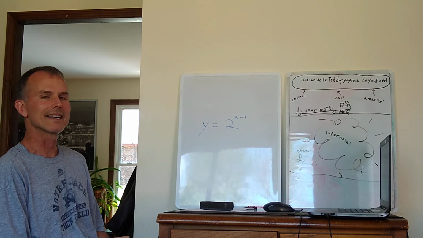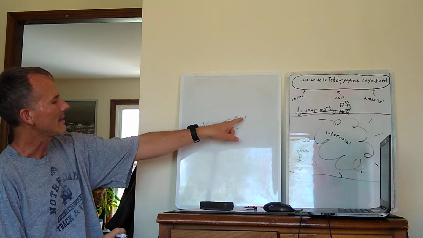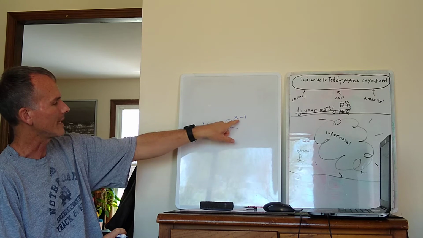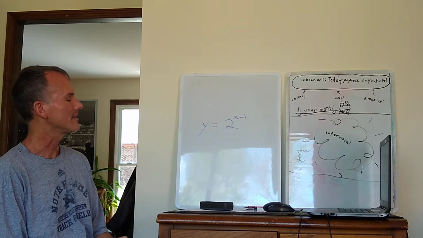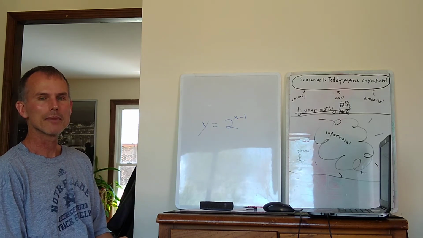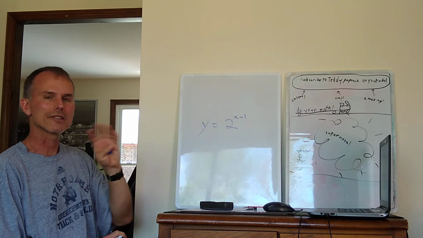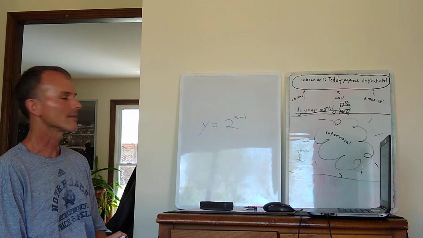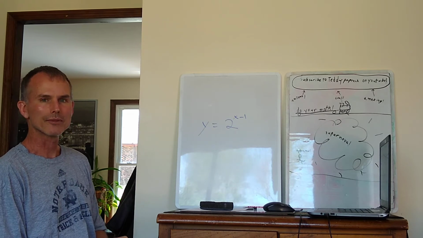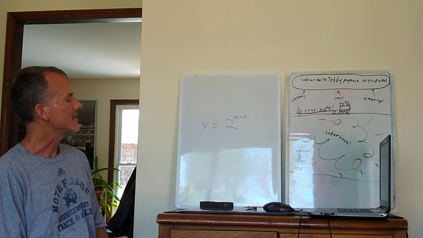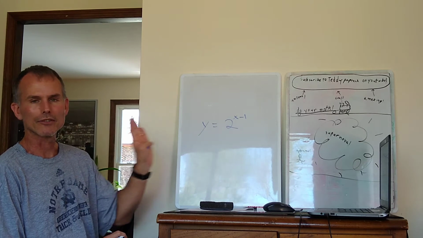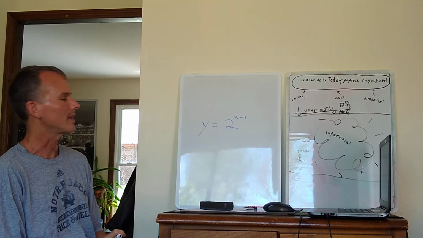Now my exponent has a minus 1 added to the x at the end of the exponent. And if you remember, if you subtract a number from the variable, that's going to shift the entire curve to the right. So the parent graph here would be y equals 2 to the x, and that entire curve would be moved to the right 1 unit.